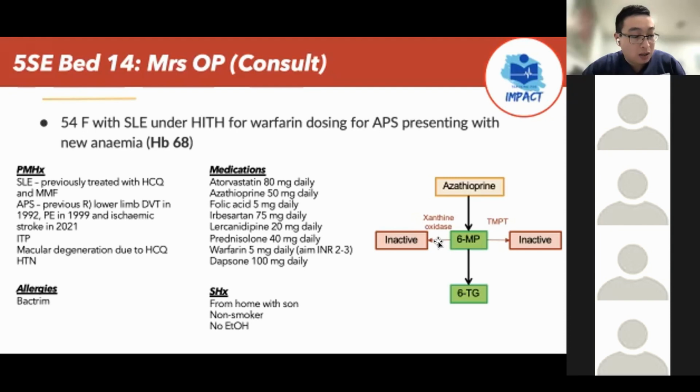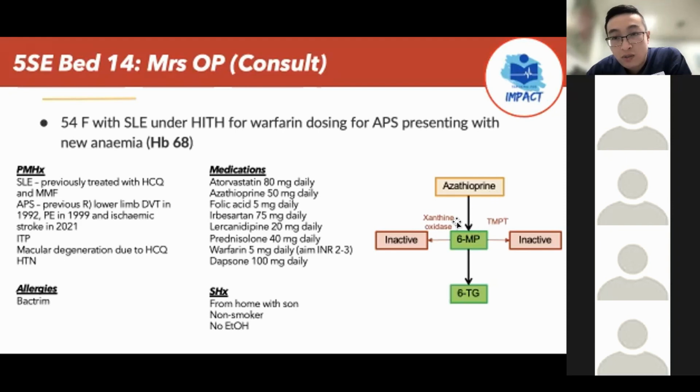Now, the thing that you need to know about azathioprine is that before commencing patients on it, you would see rheumatologists routinely ordering a TPMT genotype. That's trying to test whether the patient is wild type or has TPMT mutations.